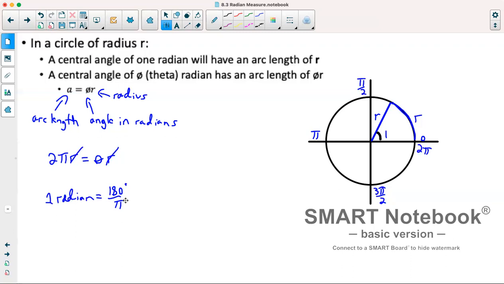Now, if we are to change things around a bit to get an angle on its own, 1 degree is equal to pi over 180 radians.